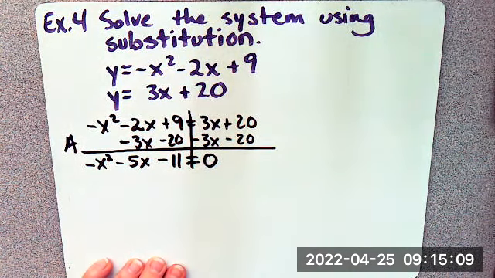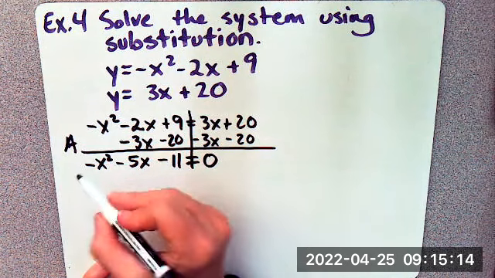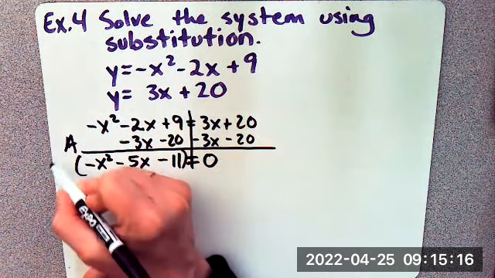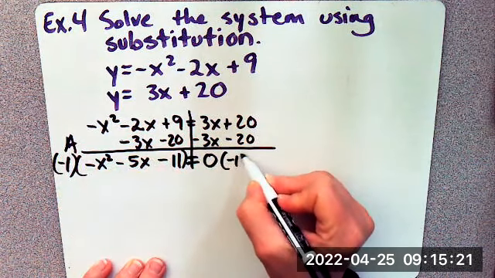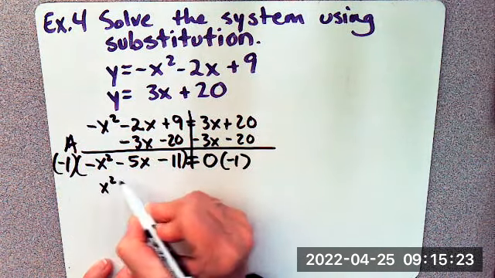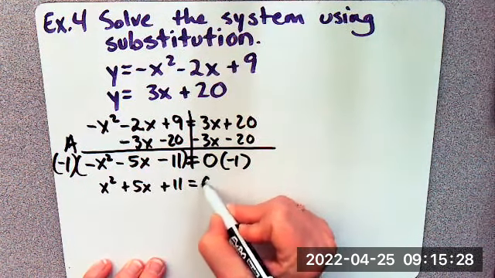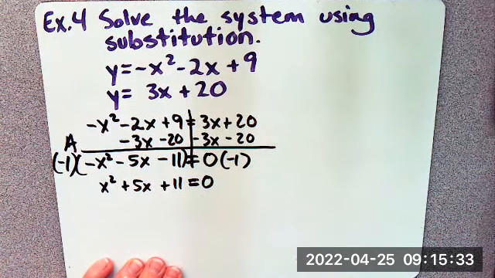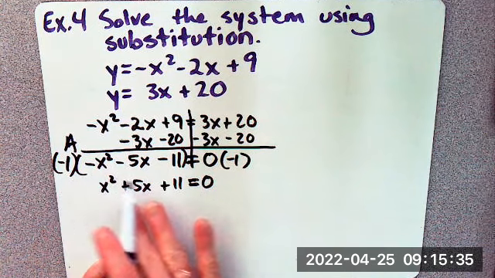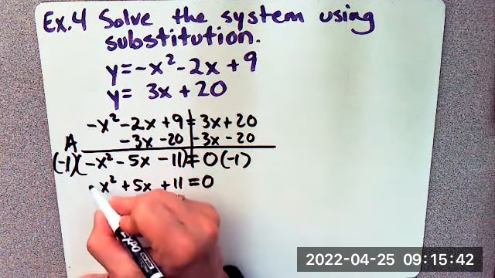All right, so we can multiply by negative 1 to get rid of that negative. And so that gives us x squared plus 5x plus 11 equals 0. Okay. So that's just one way to make it easier on yourself. If you have everything negative, everything's got a common factor of negative 1, multiply both sides and it's gone.